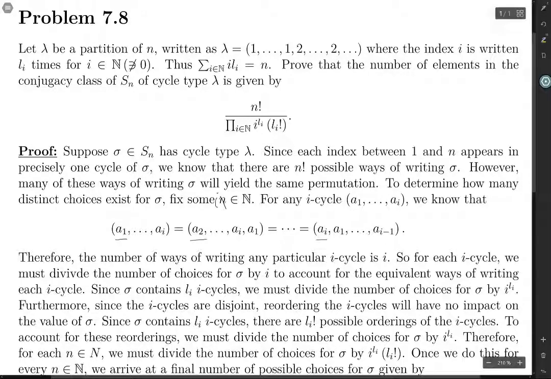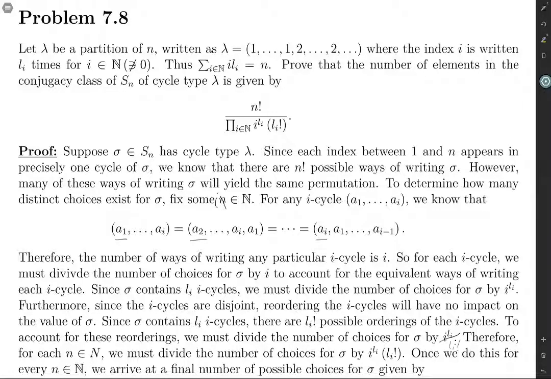I think this should be Li factorial, right, because that's what we're doing here. There are Li factorial possible orderings, and so to account for these reorderings, we must divide by Li factorial.